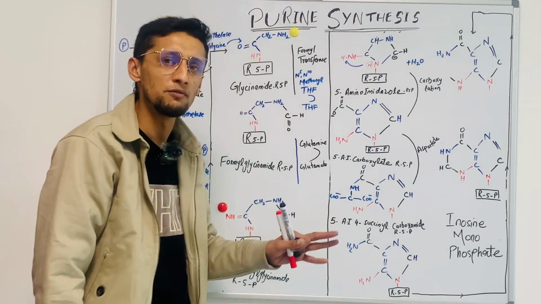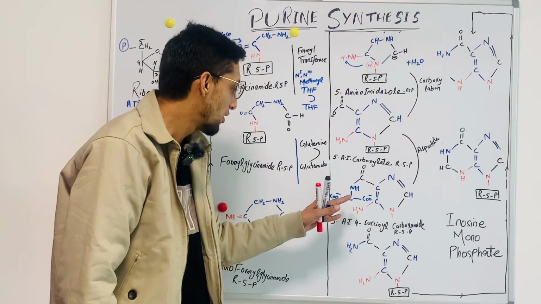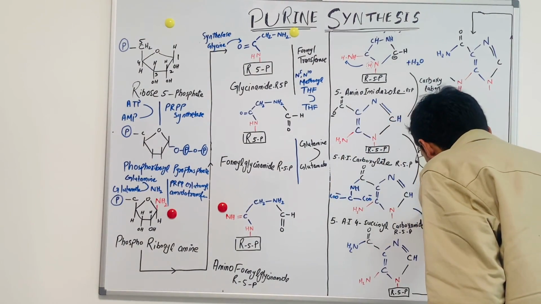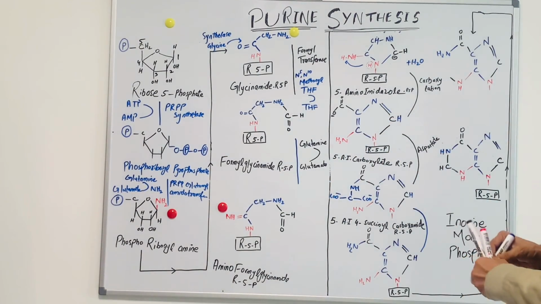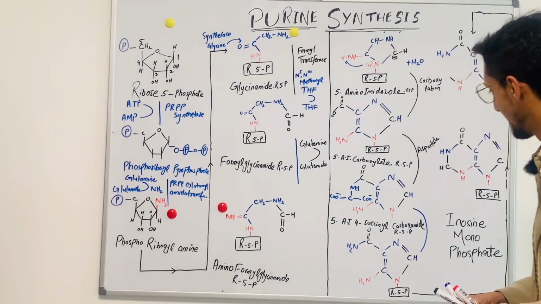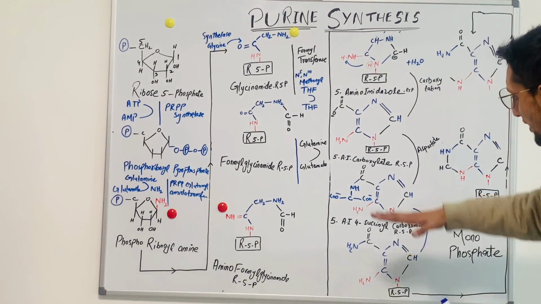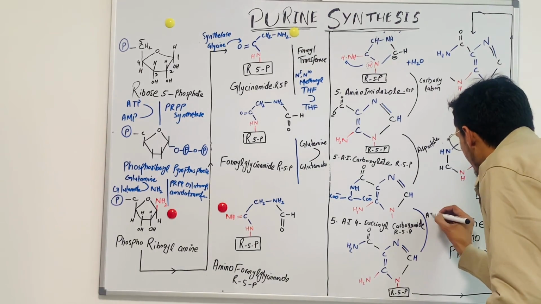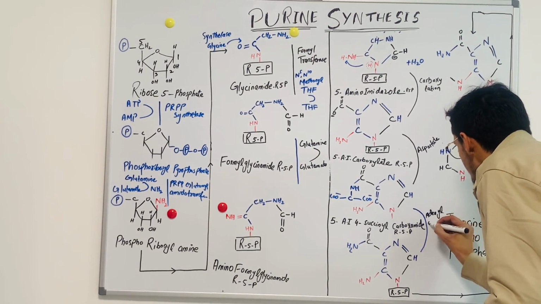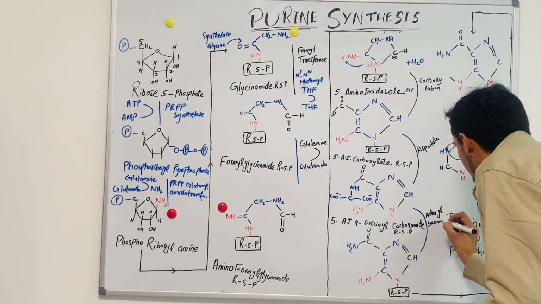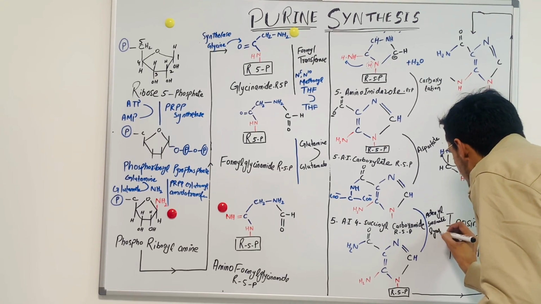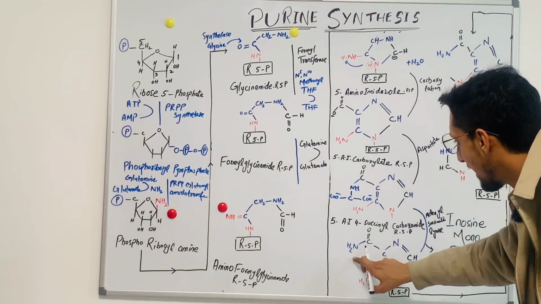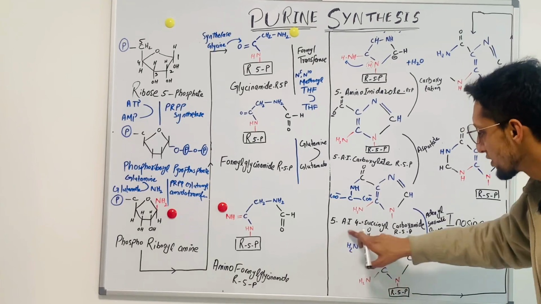I know that it's a little bit confusing, but the next enzyme will end your confusion. The next enzyme is adenylosuccinate lyase. This will end your confusion by removing the whole fumarate portion. It will remove the fumarate portion out of it, and only the amino portion will be attached to this portion.